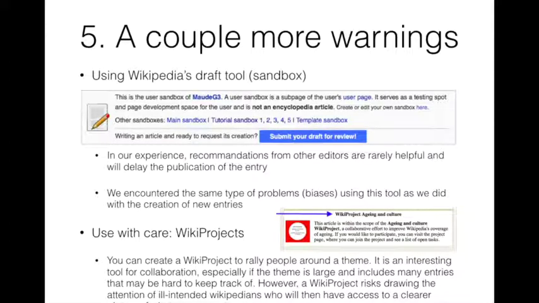The second thing is the wiki projects tool, which can be a good thing, especially if you work on a topic that is broad. For example, we did a wiki project about aging and culture.